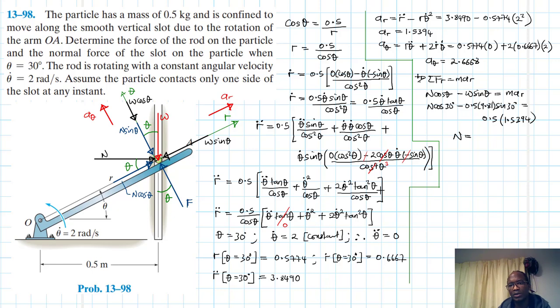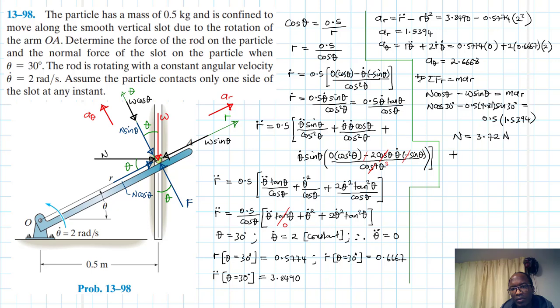Therefore, N will be equal to 0.5 by 1.5394 plus 0.5 times 9.81 times 0.5, divided by cos 30. This gives us 3.72 newtons.